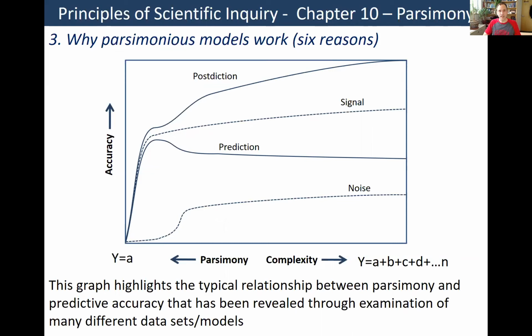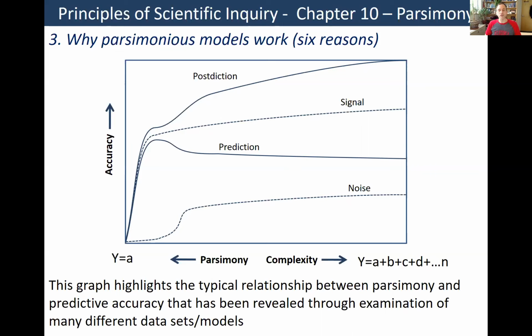And what you should be seeing is that as model complexity goes up, proceeding from the left to the right on the x-axis to models that have more parameters, the postdiction, the ability of the model to predict data used to build the model, gets better and better. So the more complex the model, the better it is at postdiction.